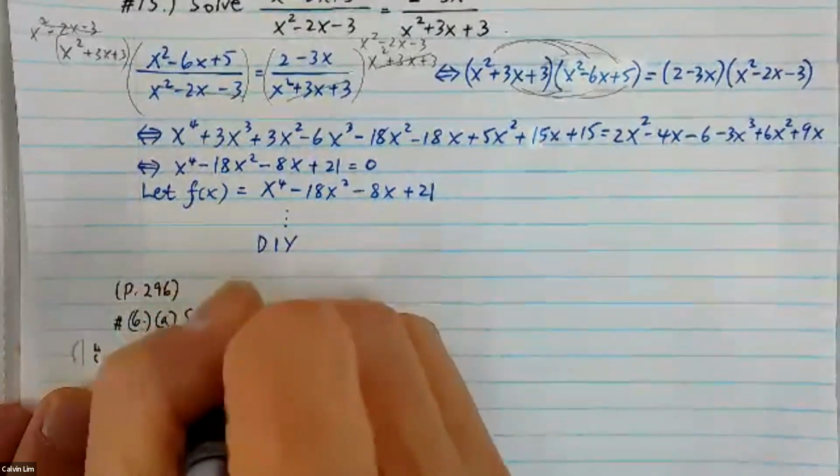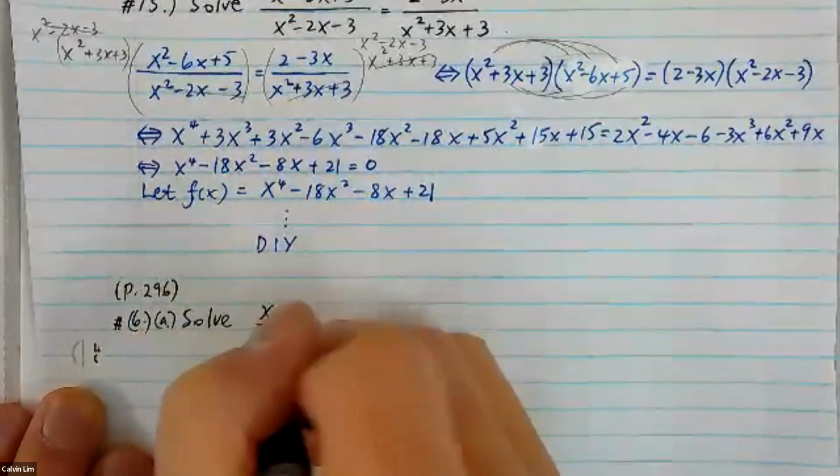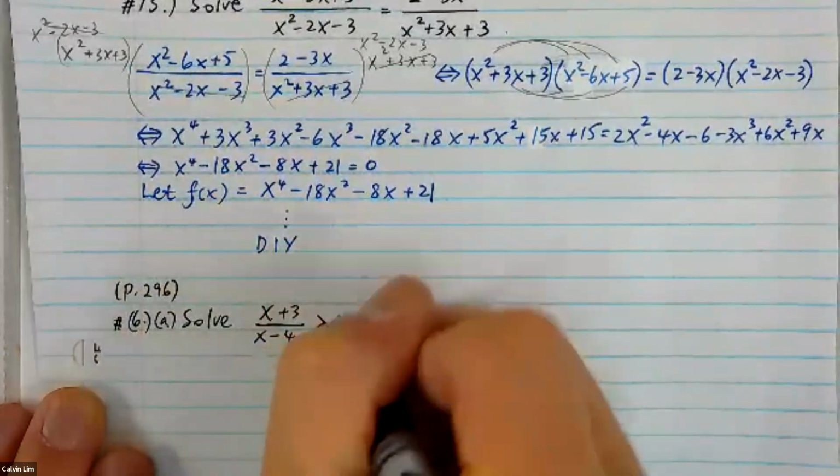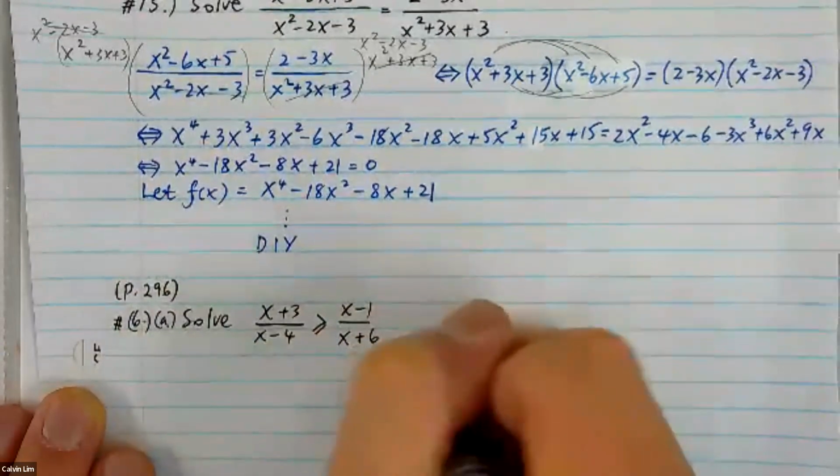So solve x plus 3 over x minus 4 is greater than or equal to x minus 1 over x plus 6.